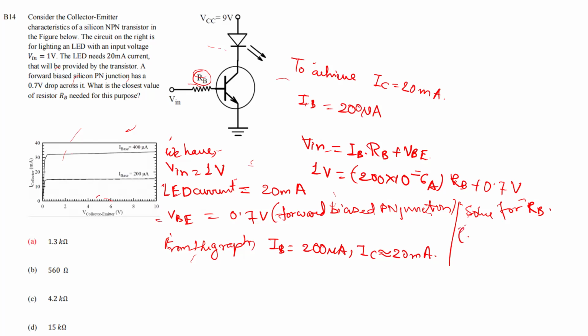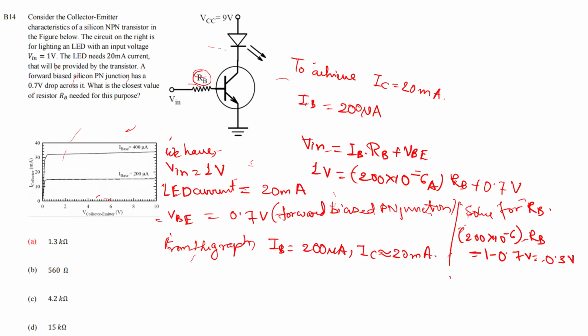So we have 200 into 10 to the power minus 6 into RB is equal to 1 minus 0.7 equal to 0.3 volt, right?